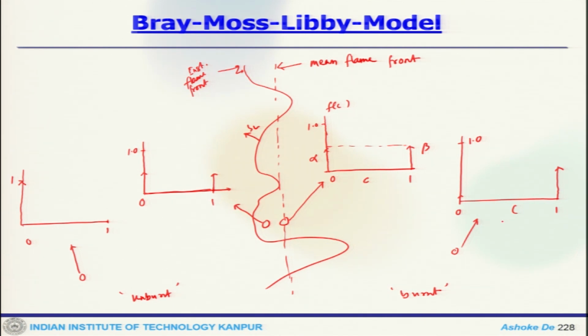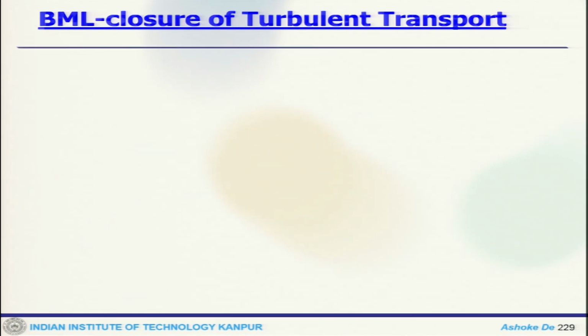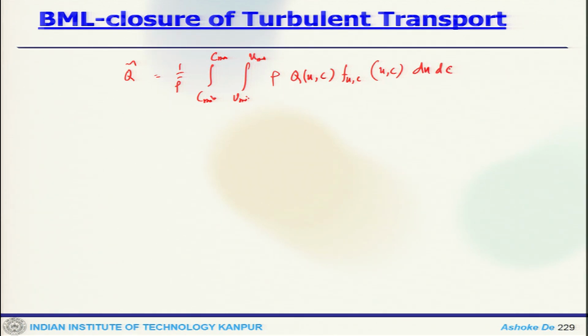Now, for Favre filtering, for Favre averaging, one can write this as 1 by rho bar, integral from C mean to C max, U mean to U max, rho U C, F UC, dU dC.